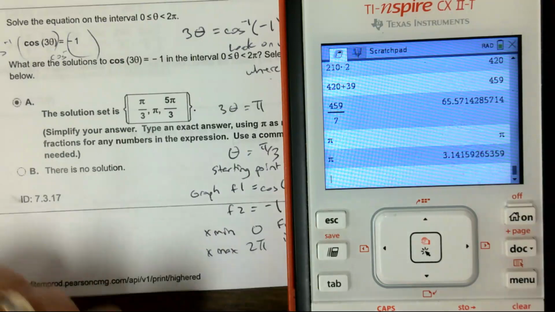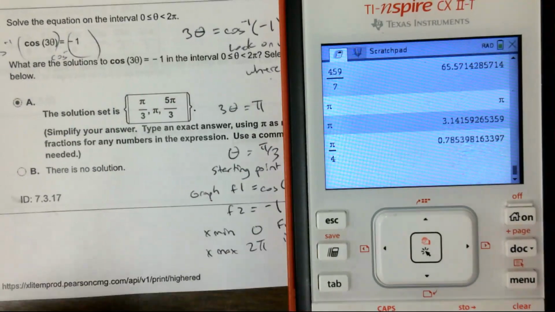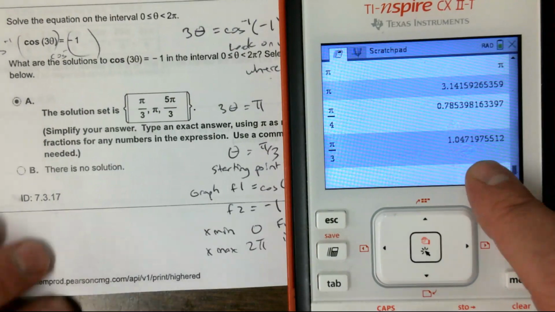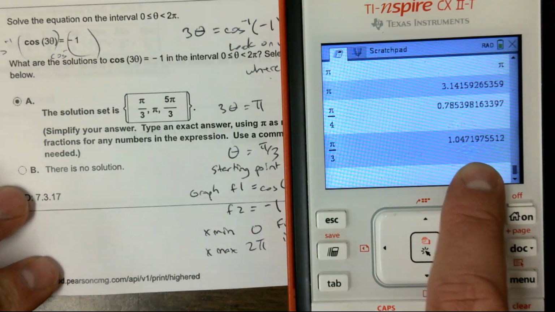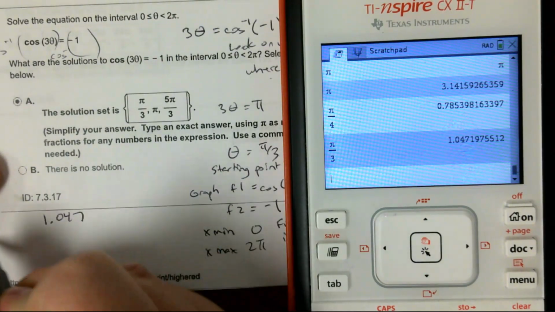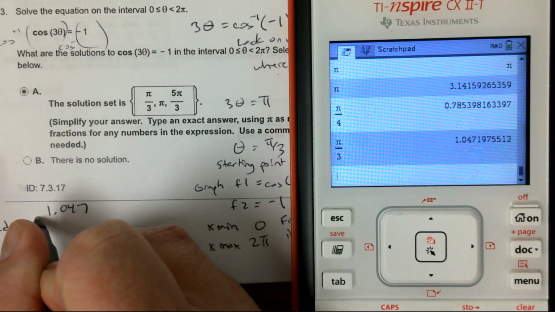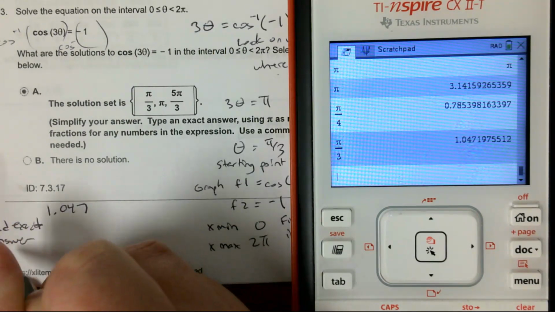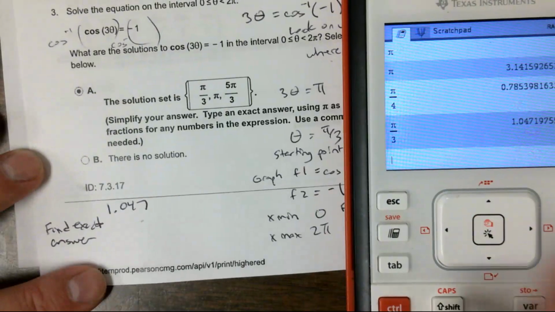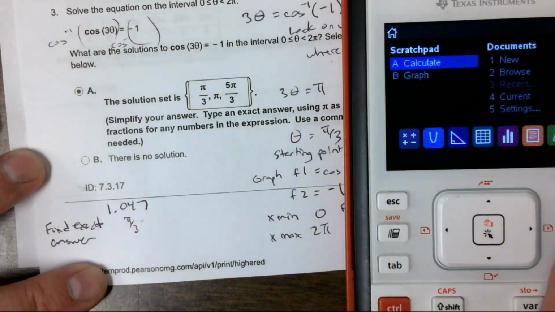Well, if you do pi divided by 4, it would look like that. If you do pi divided by 3, it would look like that, which is what we want. So, if you're doing those problems by paper, you may want to say, oh, I need to find an exact answer that looks like 1.047. Well, that'd be pi thirds. Okay, so that's the first one.